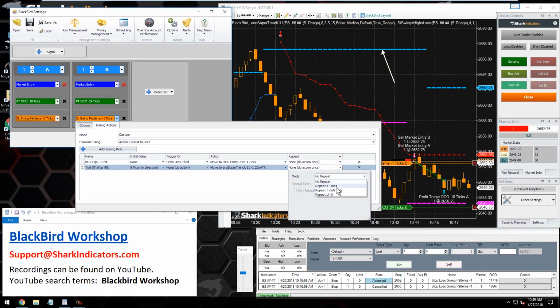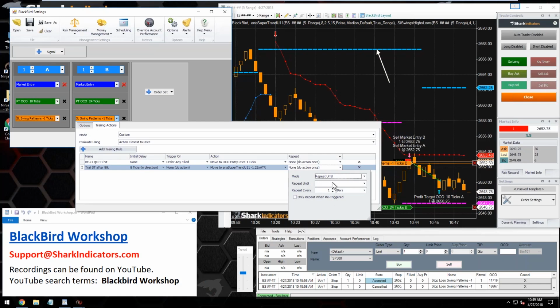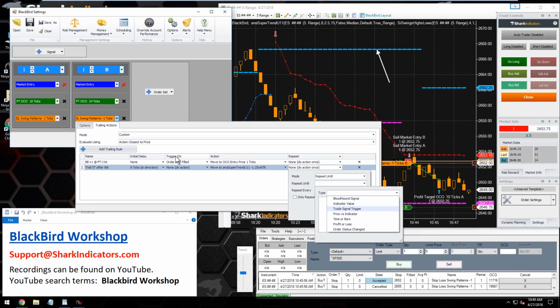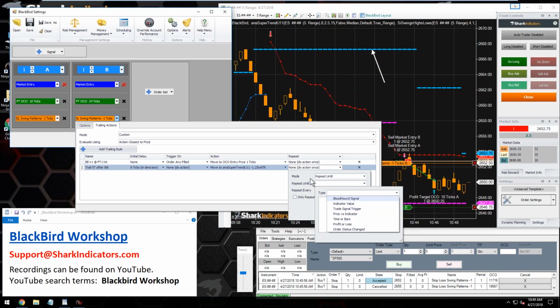We can use repeat until. You can see that all the options for the repeat until part are the same as trigger events. So you can look for another kind of trigger event to turn the repeat off, basically turning the trailing off, since the repeat is the trailing.